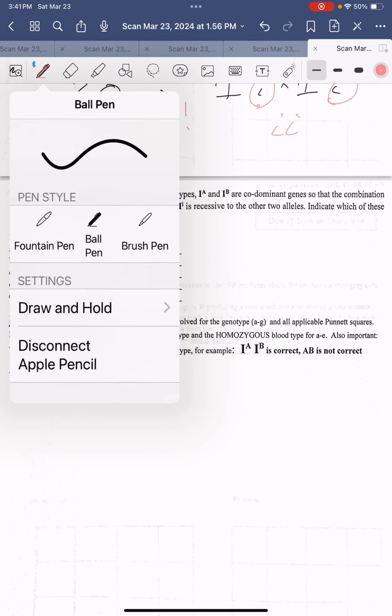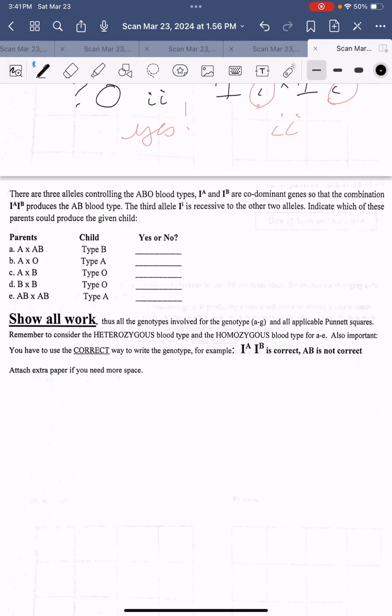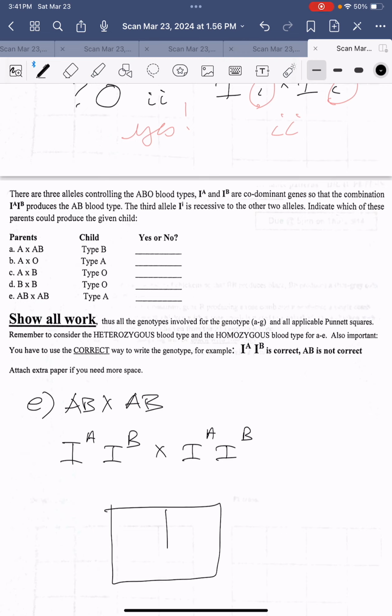And let's look at that last example together. If you have two parents that are both type AB blood, could they possibly have a child with type A? Well, here there's just one genotype involved, because we know that A and B are codominant. So if we use a little Punnett square and we separate the alleles, we'll see it is possible to have type A blood.